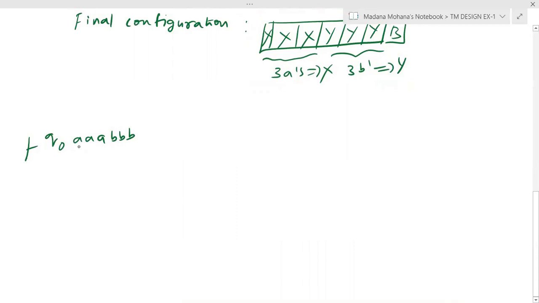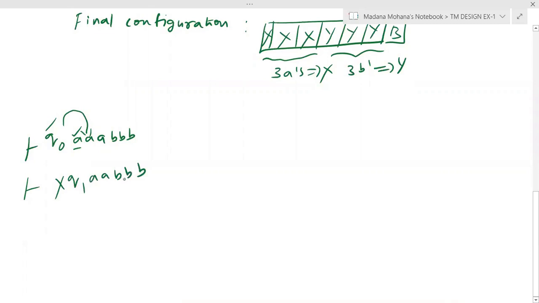Now your control is at the input symbol A, and the current state is Q0. Whenever it reads the first input symbol, the A is replaced with X, then it moves right and changes the state to Q1.